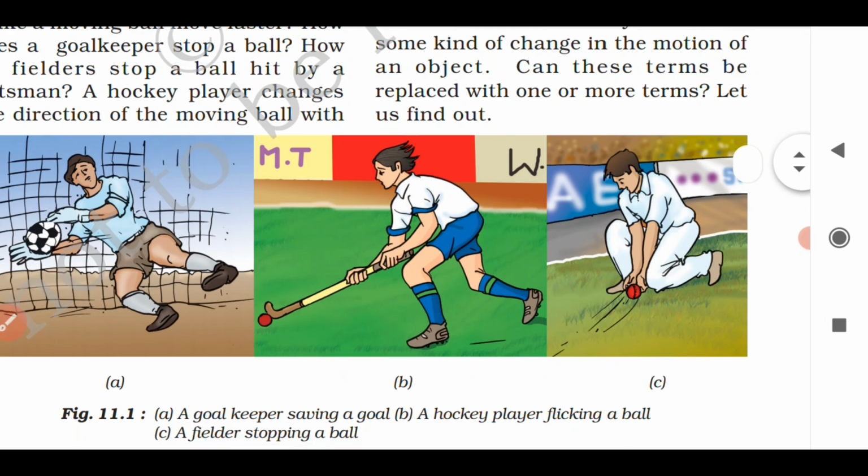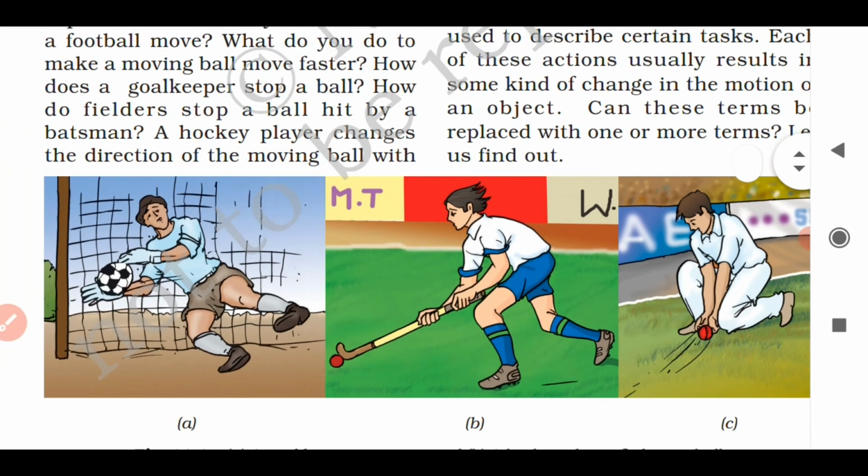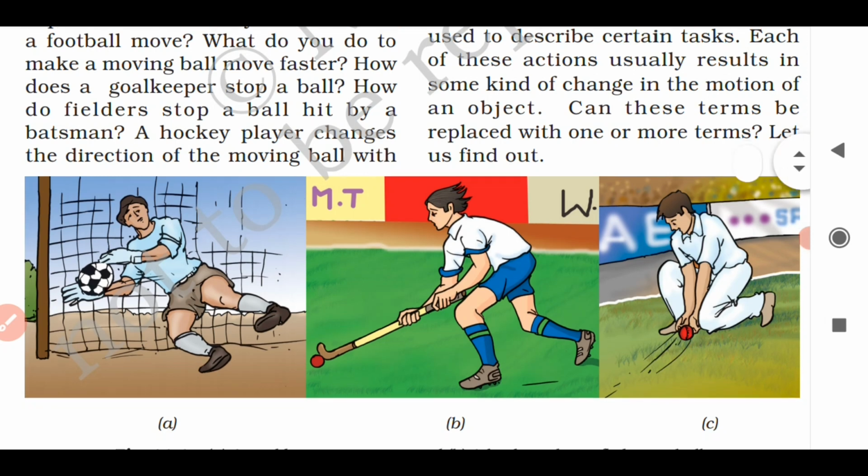In figure 11.1c, you can see a fielder stopping a ball. Again, he is applying force. The ball is moving in a particular direction, but he is sitting and applying force on the ball in the opposite direction to its motion. In that way only he can stop the ball.